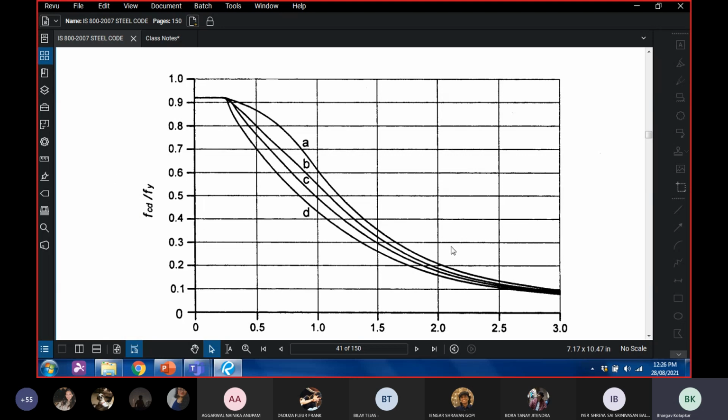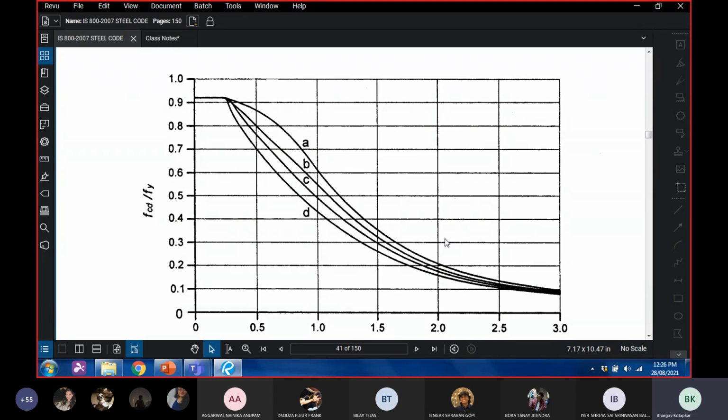And these curves take care of all the practical imperfections in addition to the perfect theory that we looked at. I said at the start of the lecture itself that designing a compression member is extremely complex because there are so many factors involved.